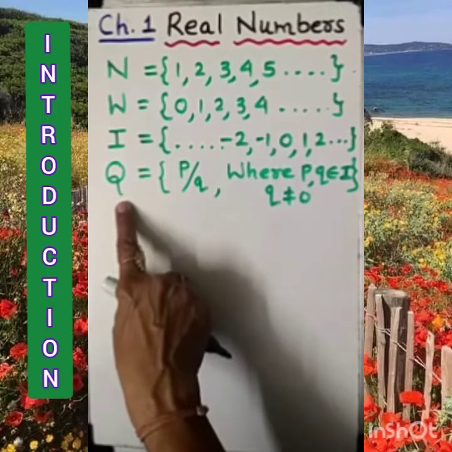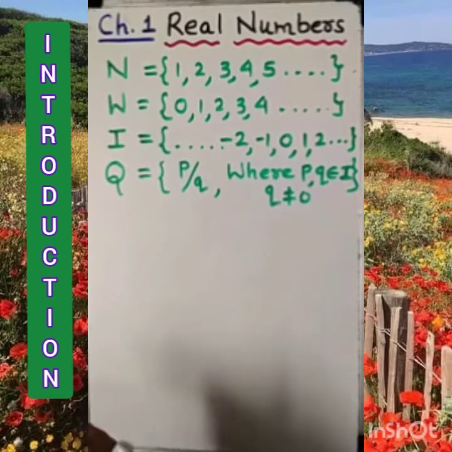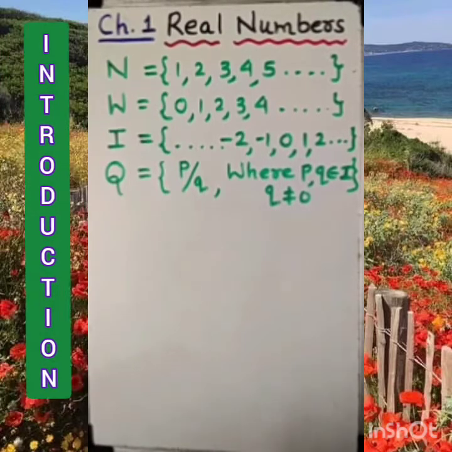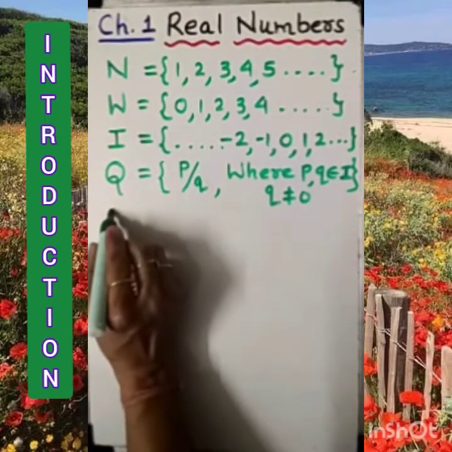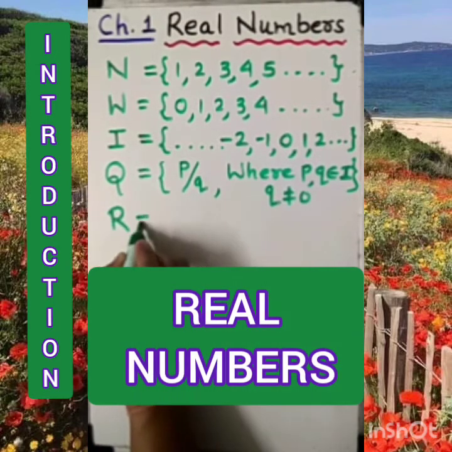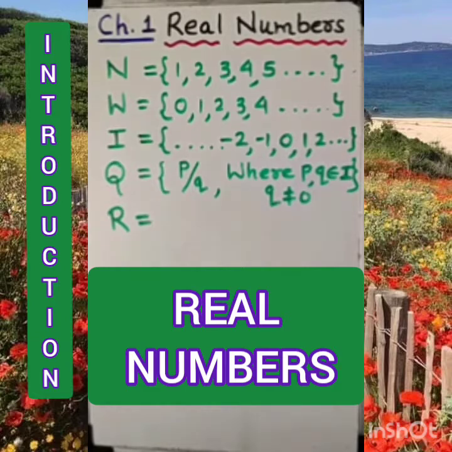Now, immediately after that, you have studied irrational numbers in your class 9. You are well aware of that, right? So, let me introduce here in the 10th class, R is the set of real numbers.